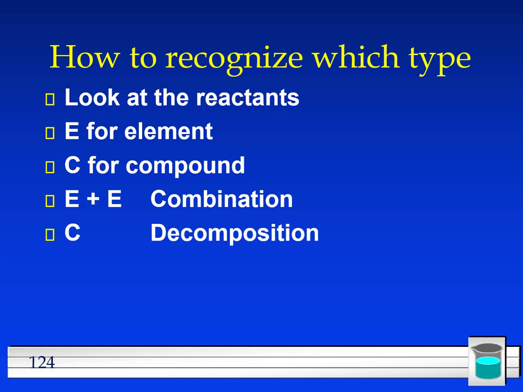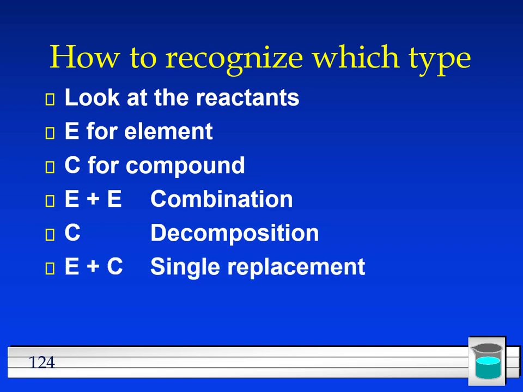If your reactants are just one compound, the only way one compound can change is by falling apart. Can't add anything else because there's nothing else to add to. So the way it can change is by coming into smaller pieces. If you have one element, one compound, that's single replacement.